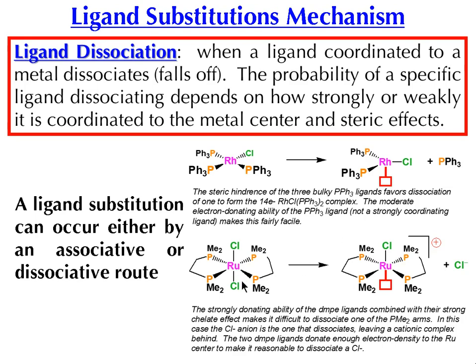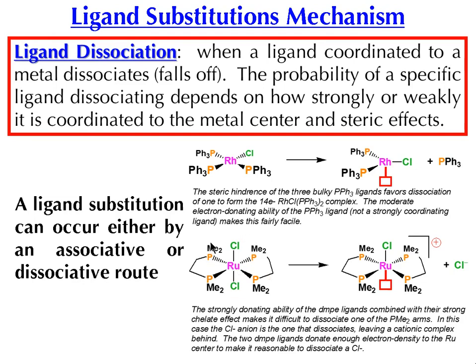In the second complex, we have a bidentate ligand. So ruthenium cannot release the bidentate ligand, which is dimethyl ethane phosphine, since polydentate ligands are bound strongly to the metal center.